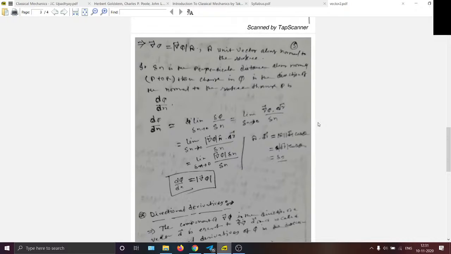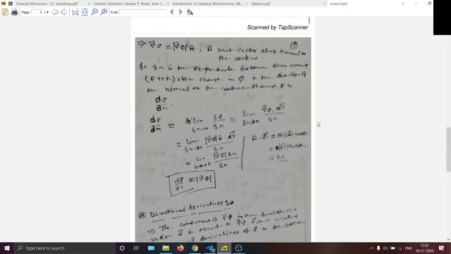This is like if you have any function f of x. Now if you change x, how much is the change in your function? This is df dx, the rate of change in your function.